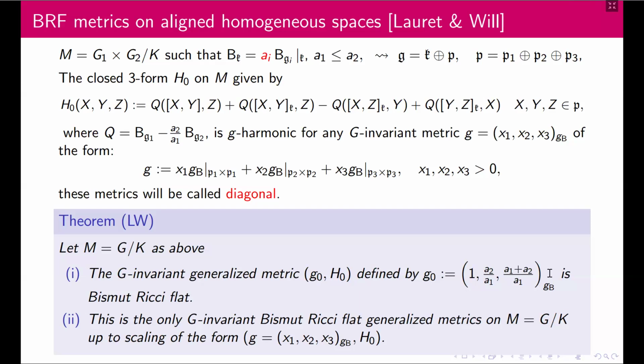In fact, this theorem is a little bit more general, because they found a bismuth-Ricci flat metric on any aligned homogeneous spaces. This condition is not required, so the metric is given in terms of C1 and C2. But for now, this is going to be the setting.